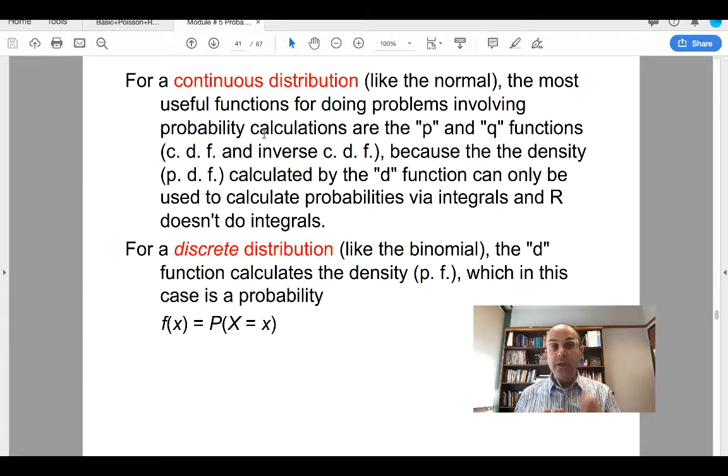For continuous distributions, the most useful functions to solve these are the P and Q functions. For discrete distributions like binomial, we will use the D function to calculate the density, which is f(x) equals P(X = x).